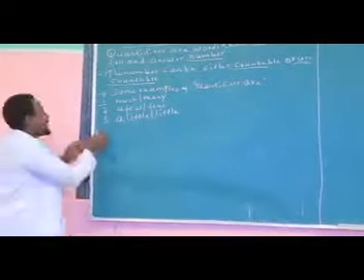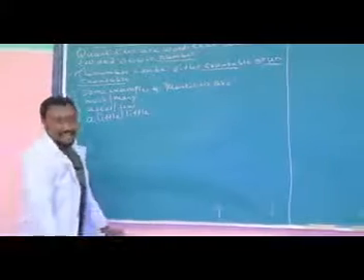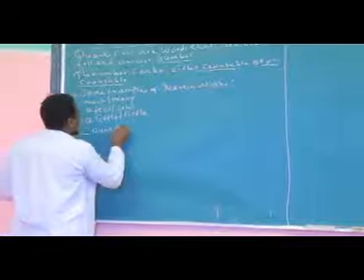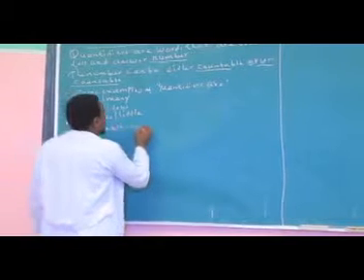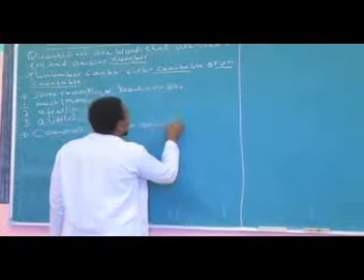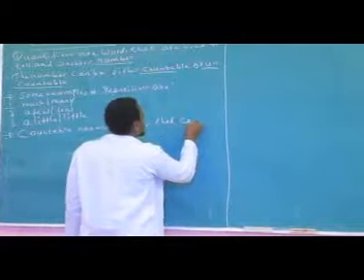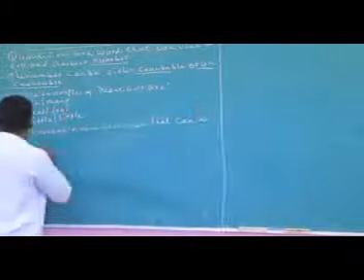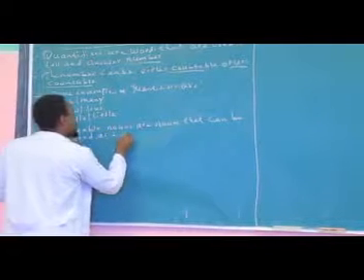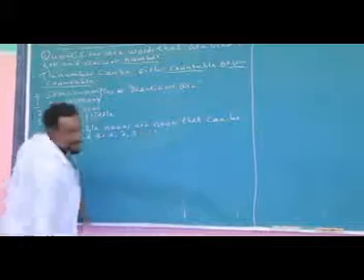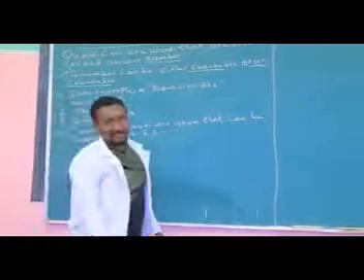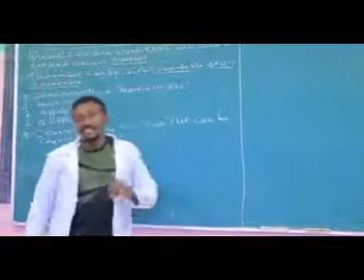Now, let's define what is countable and uncountable. Countable nouns are nouns that can be counted, as 1, 2, 3. How many students are there in this classroom? We can say 14, 15, 16.